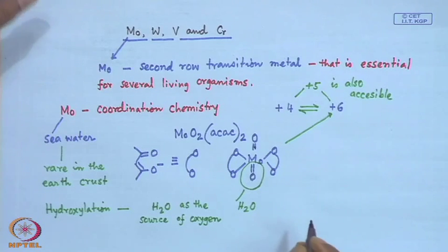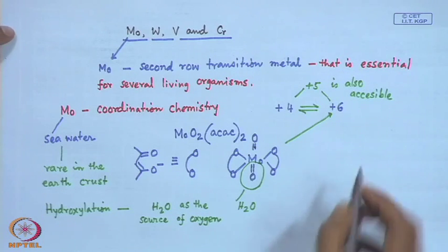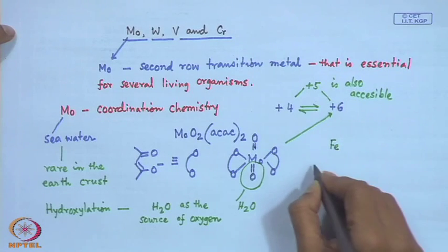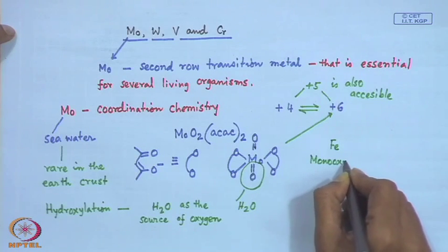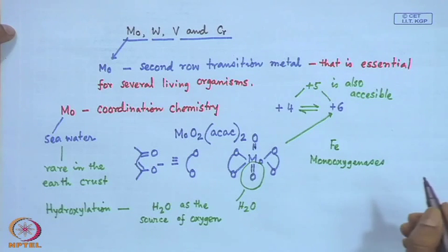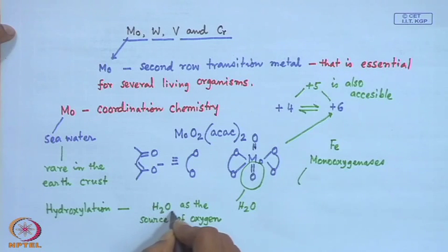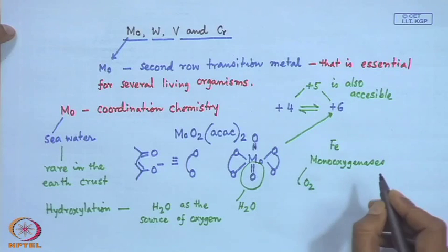In the monooxygenases that we have seen in case of iron chemistry, instead of water we used O2 as our source of oxygen.